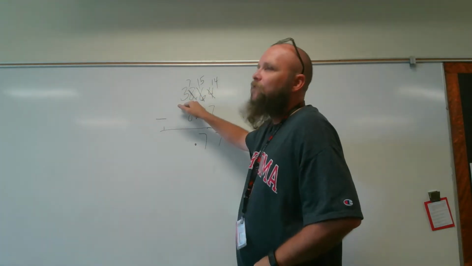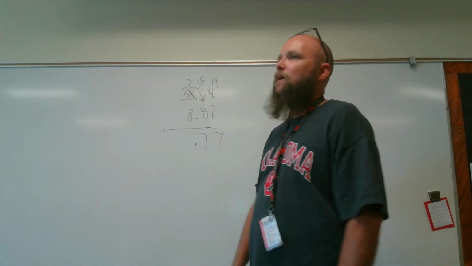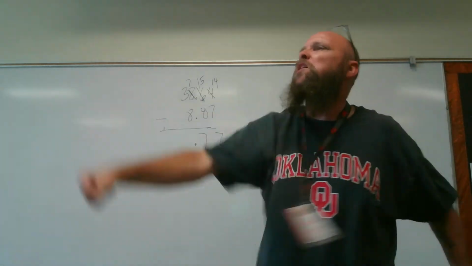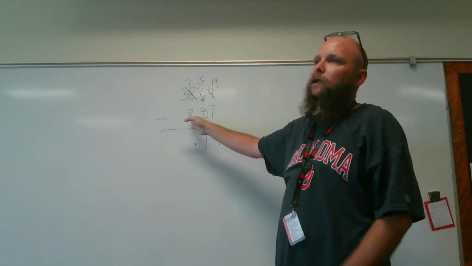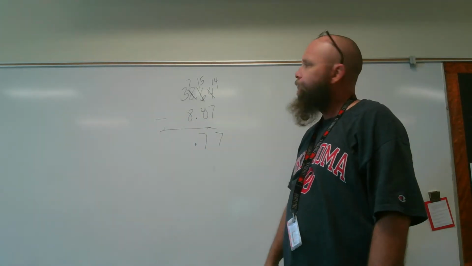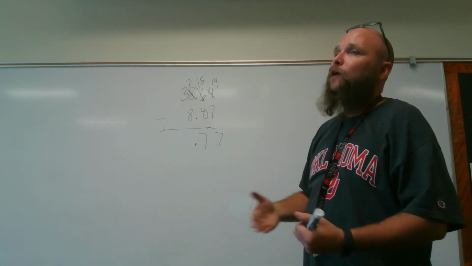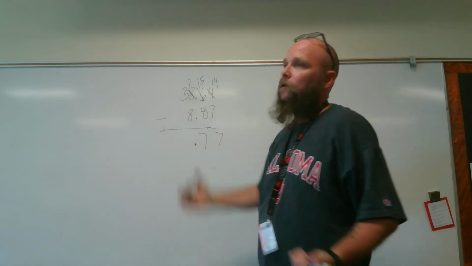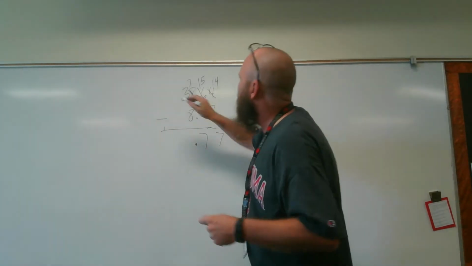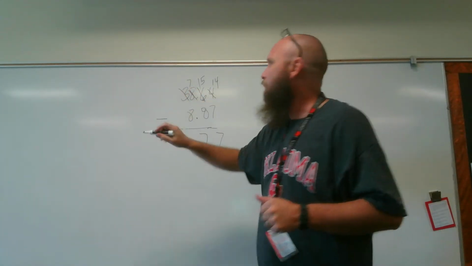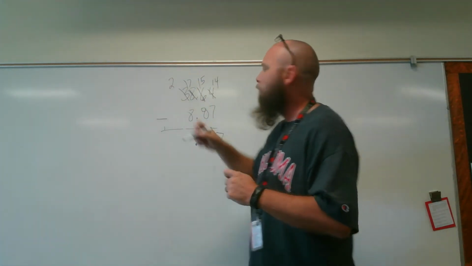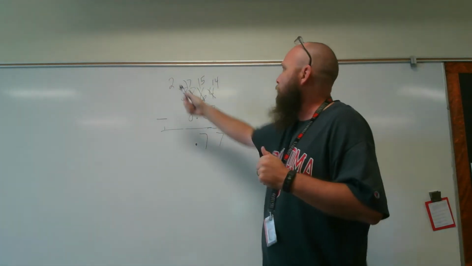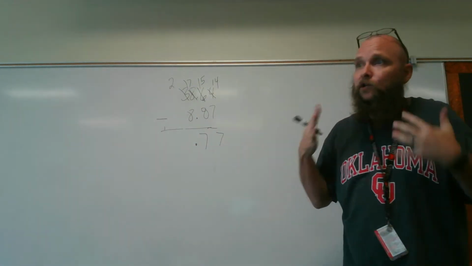Now, Sophia, one more example. I have 7 $1 bills in my pocket. Could you reach in my pocket and take 8? No. So now I have to take one of my $10 bills, because I have 3 $10 bills in my pocket, and change that one $10 bill. So now I only have 2, and I'm changing it into 10 $1 bills. That gives me now $17.